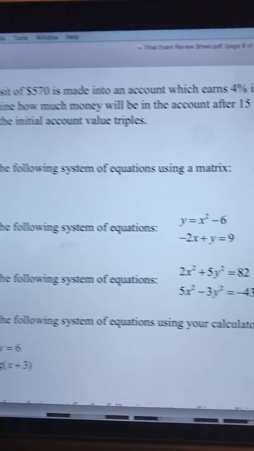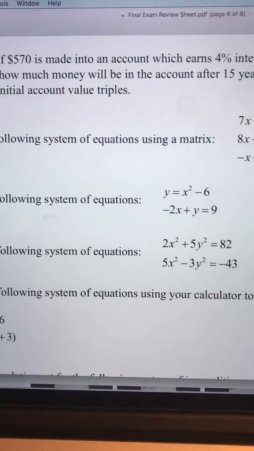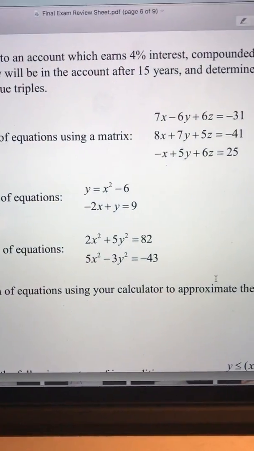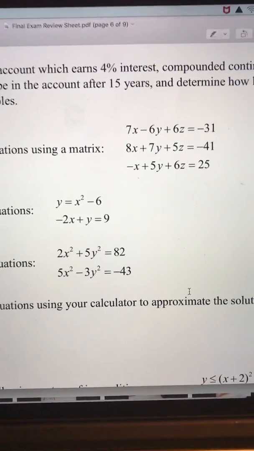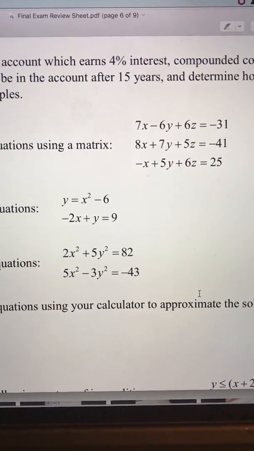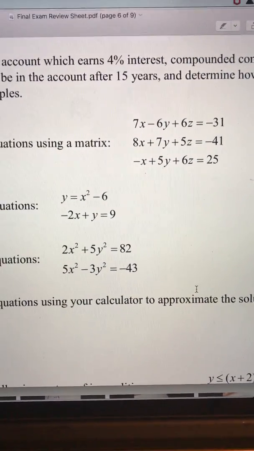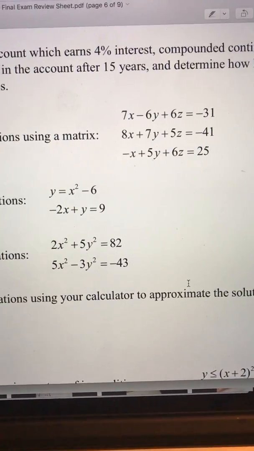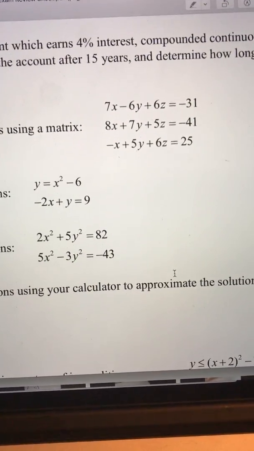All right. Number 66, solve the following system of equations using a matrix. So here what we want to do is set up a matrix that has just the coefficients of the x, y, and z and the constants.